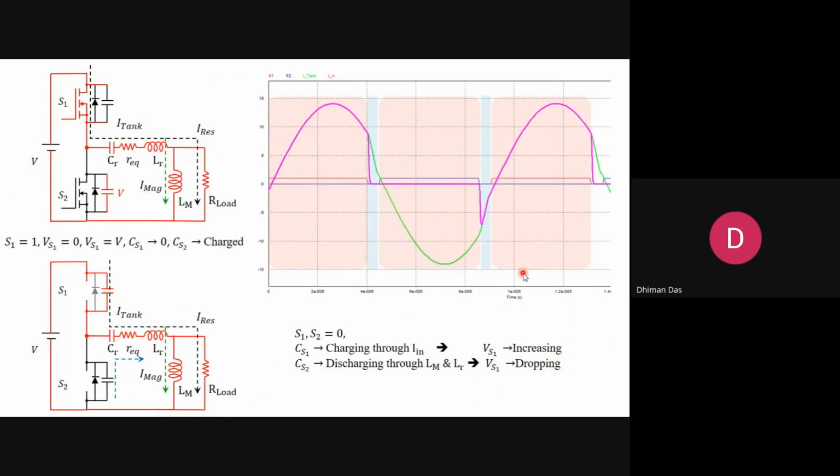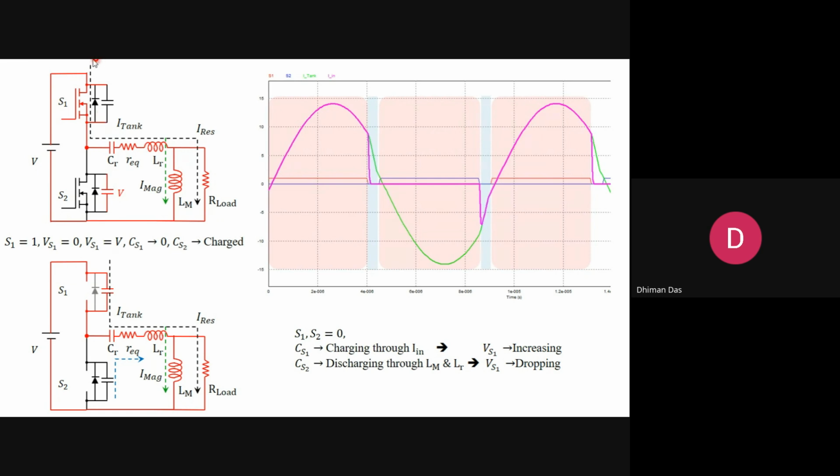Okay, before analyzing the mathematical analysis or any kind of experimental analysis, you must understand what the switching sequence is and what the soft switching mechanism of the converter is.